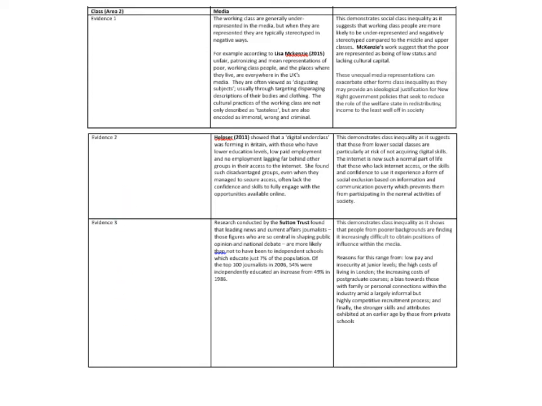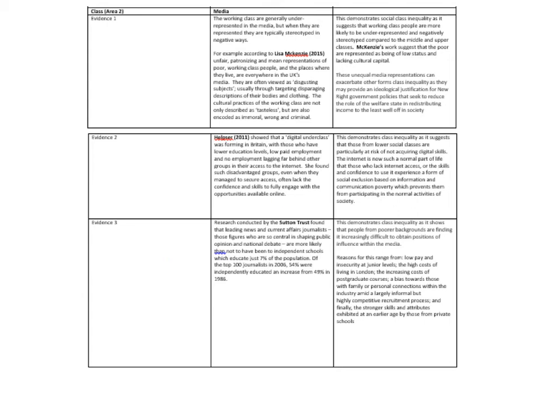So I've given you a bit more than you need here, just to give you some flexibility in terms of your revision. But it would be fine, for example, to ignore evidence number 1, but simply to learn evidence number 2 and evidence number 3, because 2 pieces of evidence per area of social life is enough to get maximum marks.